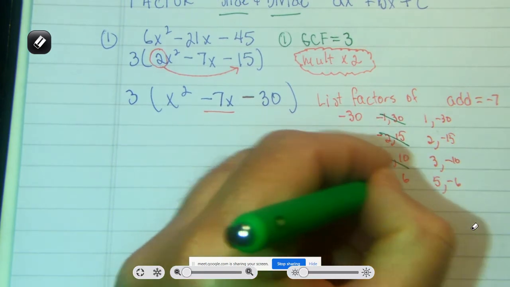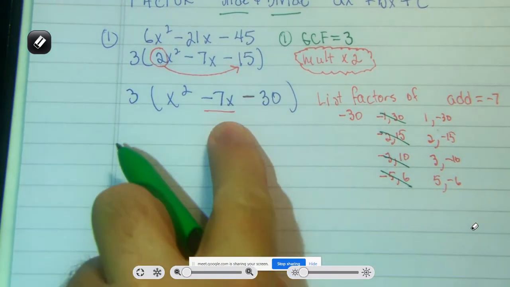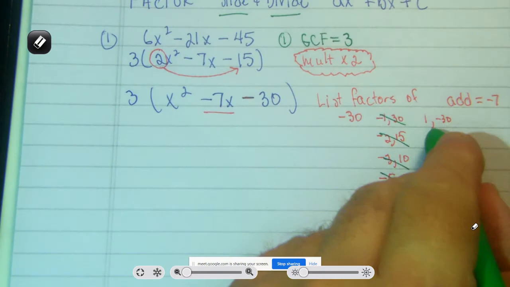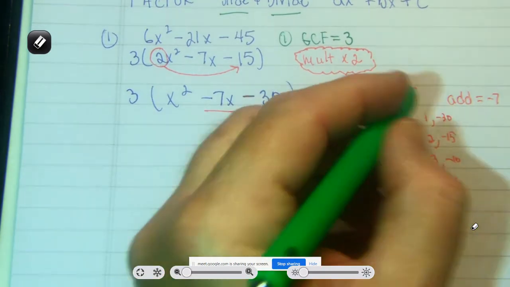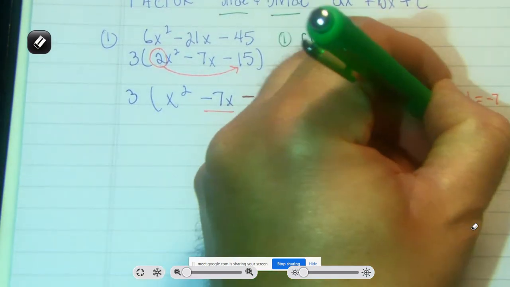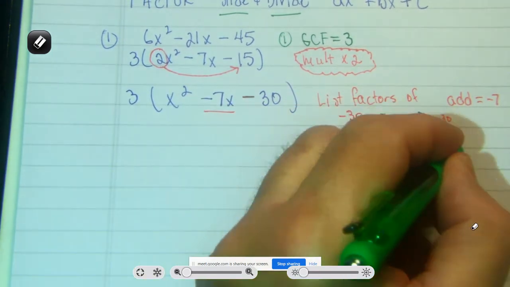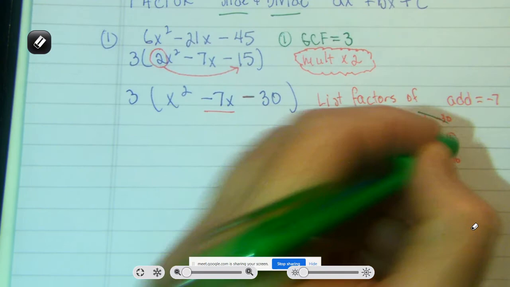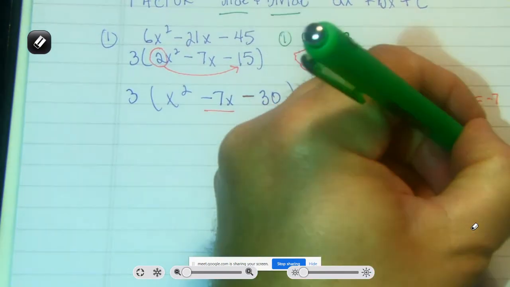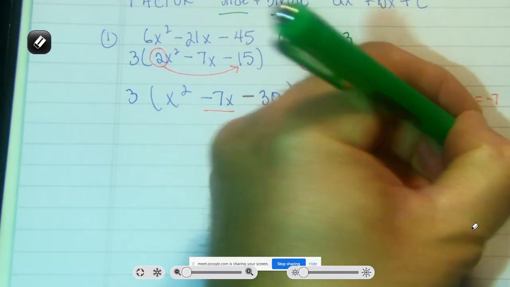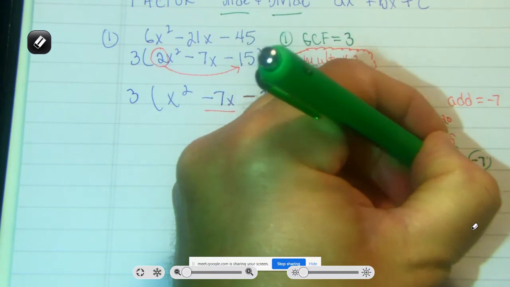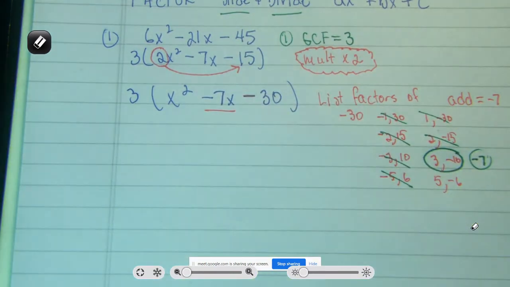Negative 3 and 10 is a positive 7, so not that. Again, I'm looking for a negative 7. So 1 and a negative 30 is negative 29 if I add those. 2 and a negative 15, that's a negative 13. Aha, check it out. 3 and a negative 10, when I add those, is negative 7. So bingo, that's what I'm looking for: 3 and a negative 10.